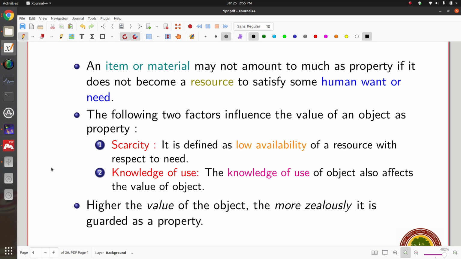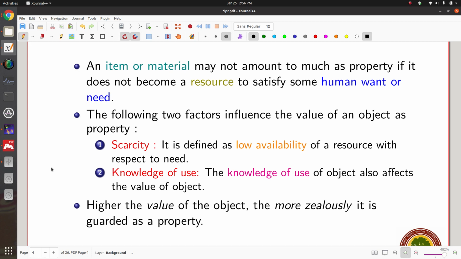So the value specifies the use or application. If a property has a certain application, then it will be regarded as a property, and its value will be high.